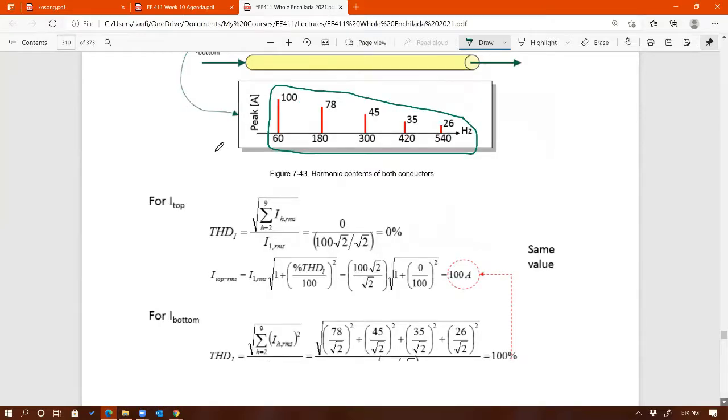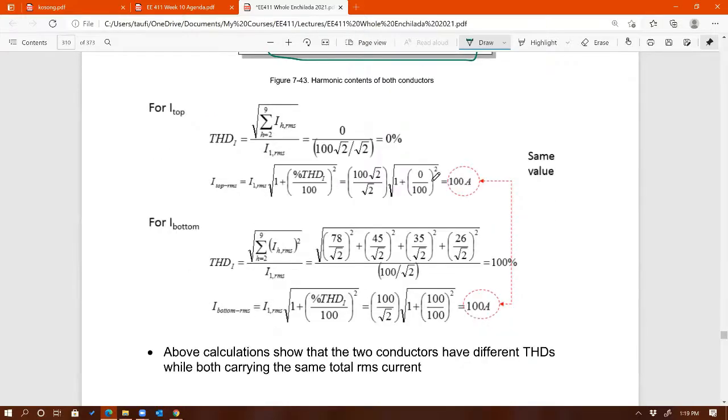These are the calculations to get the RMS. You can see that for the top wire, I get 100 amps for the RMS from that one single frequency. For the bottom wire, I calculated the THD, and then from there I get the RMS. Look, it's also 100 amps, the same value, but they come from different frequencies, different content of the current.